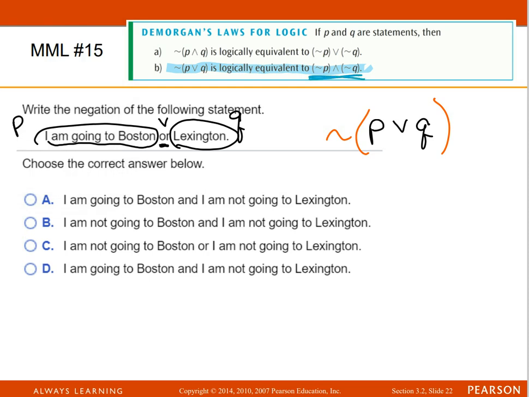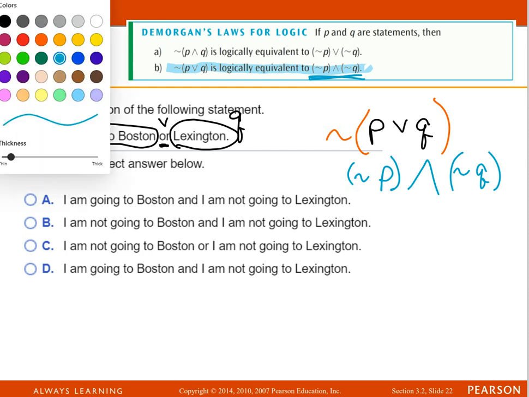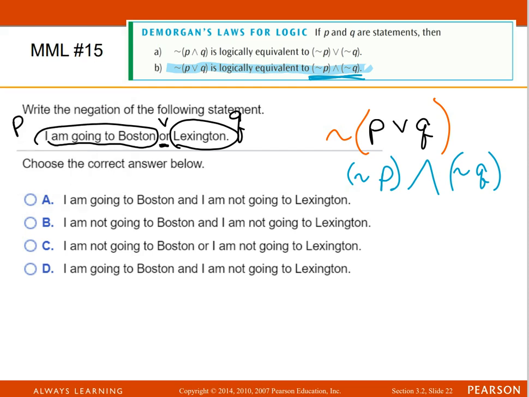It says you're going to negate P first, and then come over here and negate Q. And then there's an and in between. So saying that I am going to Boston, you're now going to say I am not going to Boston. This one says I am not going to Boston. This one also says I am not going to Boston.